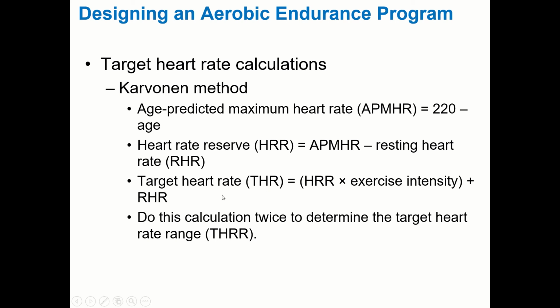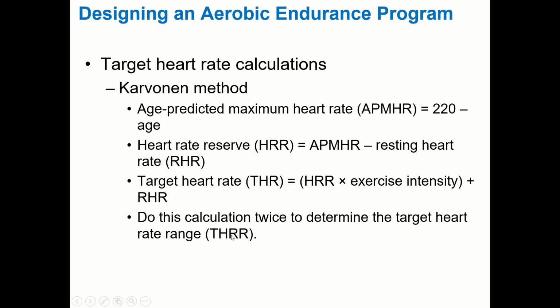And so then to find your target heart rate, if we're having somebody do an easy pace, oftentimes that'll come with like a heart rate range. You want them between like 50 and 70% of their, let's go with that. So 50, 70% of their max heart rate, something like that. So one of the things you could do here is to do your heart rate reserve times the exercise intensity, and then add back in your resting heart rate.